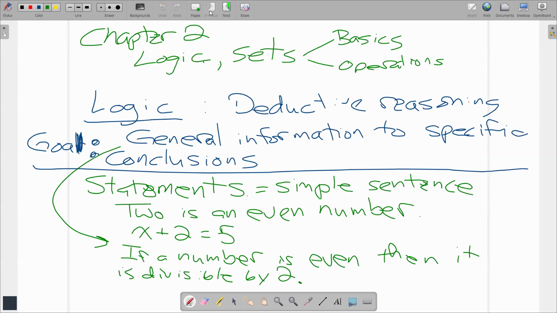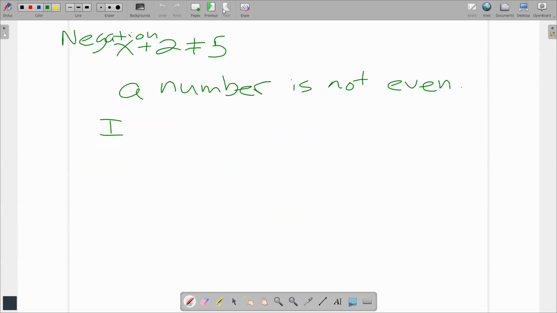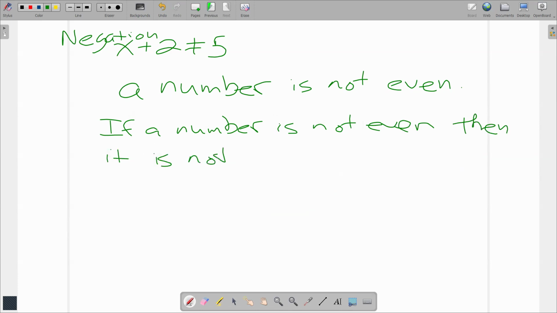That more complicated one, if a number is even, then it is divisible by 2, negating that would be if a number is not even, then it is not divisible by 2.